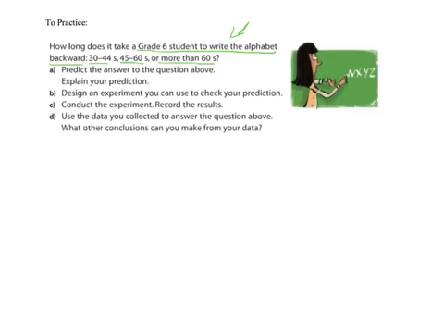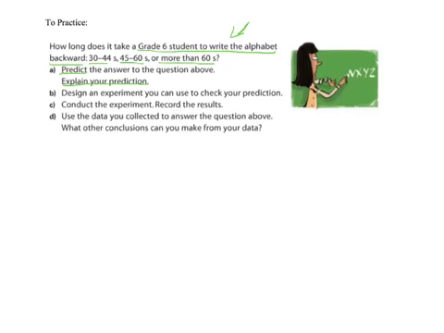Then we have our hypothesis, our prediction based on what we think. So a why also needs to be added. Just like in science, make your prediction, provide a reason for it. So when you make your hypothesis, it's I think because, same thing here. I think it will take 60 seconds because, and then give a reason.